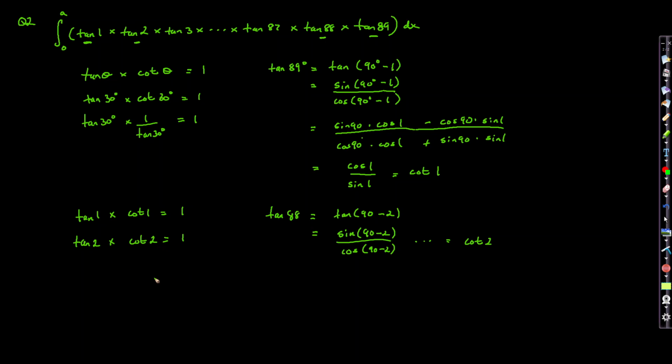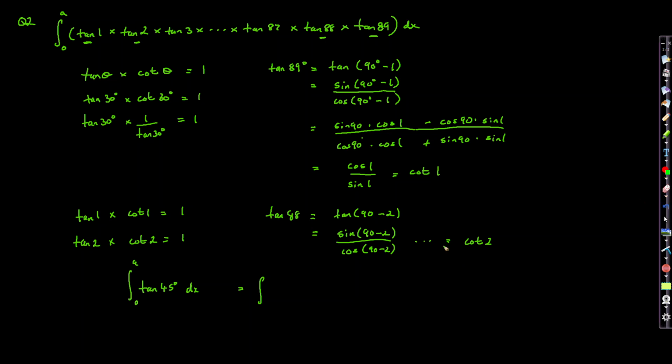These other ones will all pair up to equal 1 when you multiply them together in a similar fashion. So you end up with, in the middle, just a tan of 45 degrees. All the rest are equal to 1, so you're left with this. And of course the tan of 45 degrees is also equal to 1.